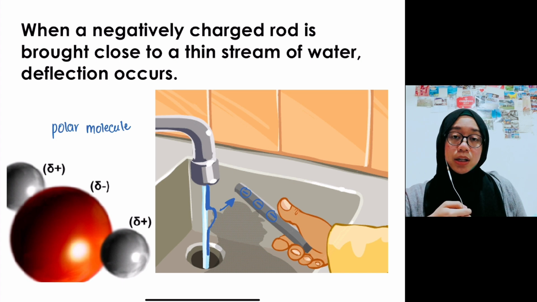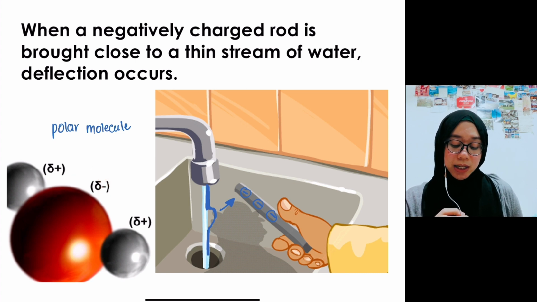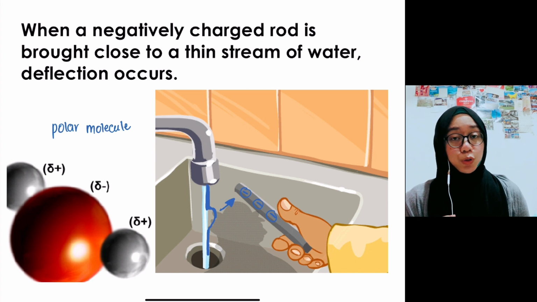Dan kalau kita tengok the structure of water kat sini, so kita ada H, yang warna grey ni H, and warna merah ni adalah O. So dekat H ni dia ada positive sign kat sini kan, dan meanwhile kita punya oxygen pula negative sign. Okay, so the one yang attracted towards rod kita yang ada negatively charged particles ni, so bahagian hydrogen sebenarnya yang attracted tu. So bahagian yang deflect ni sebenarnya adalah hydrogen being attracted towards kita punya negatively charged rod tu.